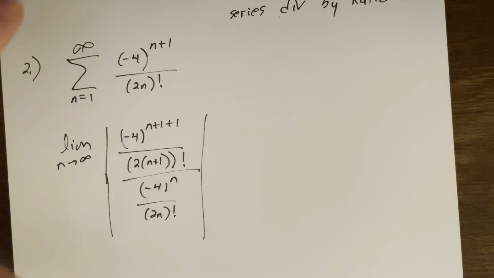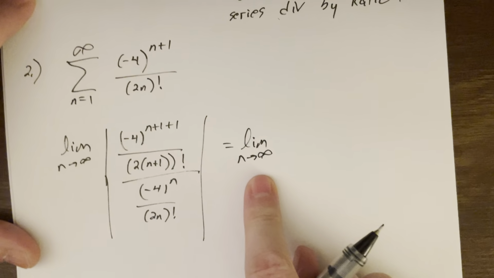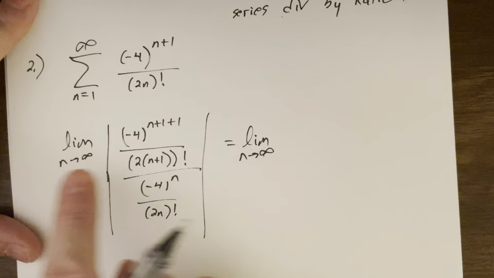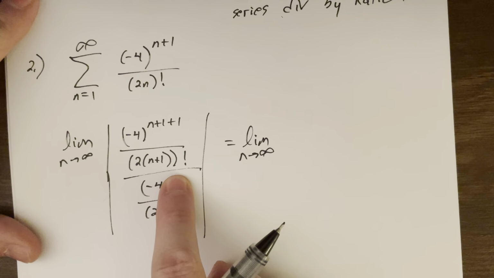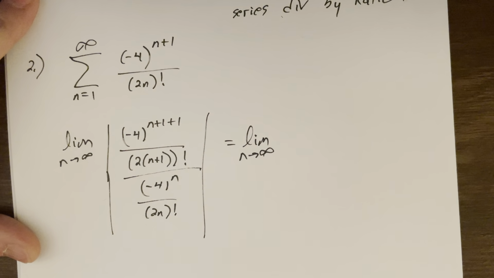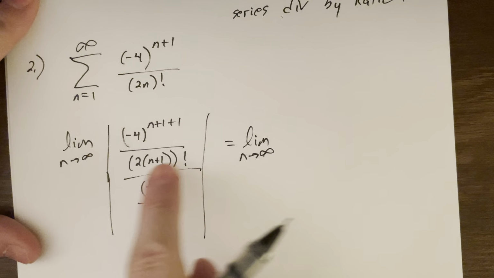But now, after a little bit of practice, not typically right off the bat, several people kind of skip this step. The absolute value is going to get rid of the negative. That negative 4 becomes a positive 4, so both of these become 4 to a power. That's the only change. So some people just automatically don't even do this step.